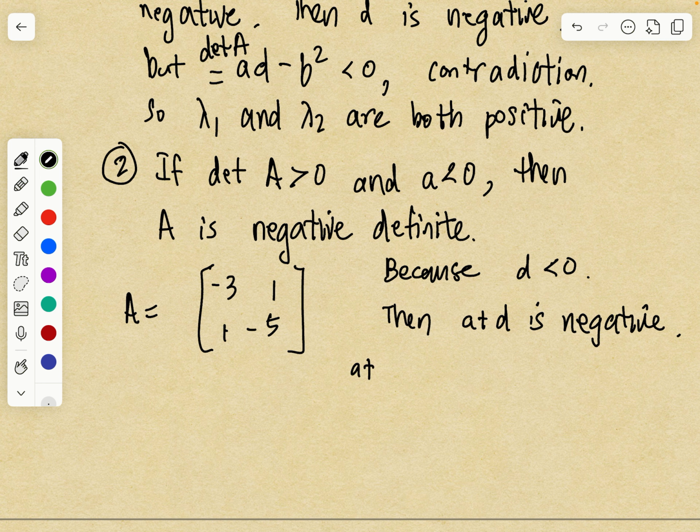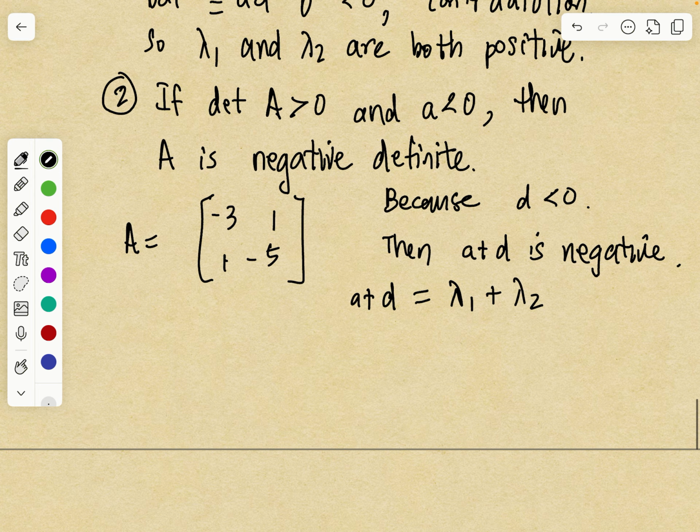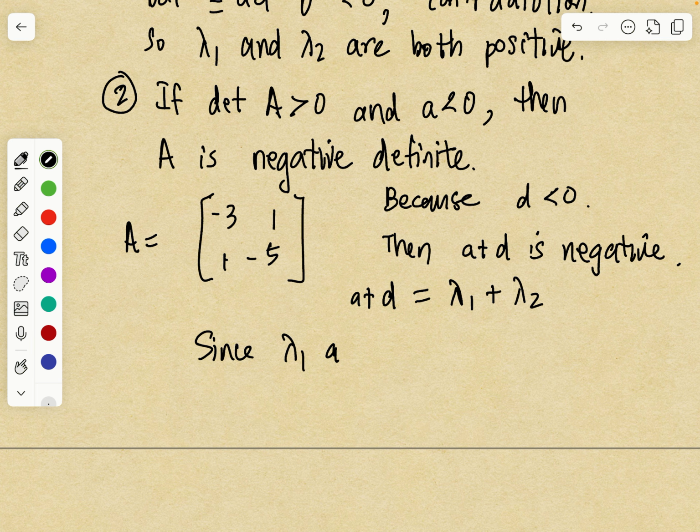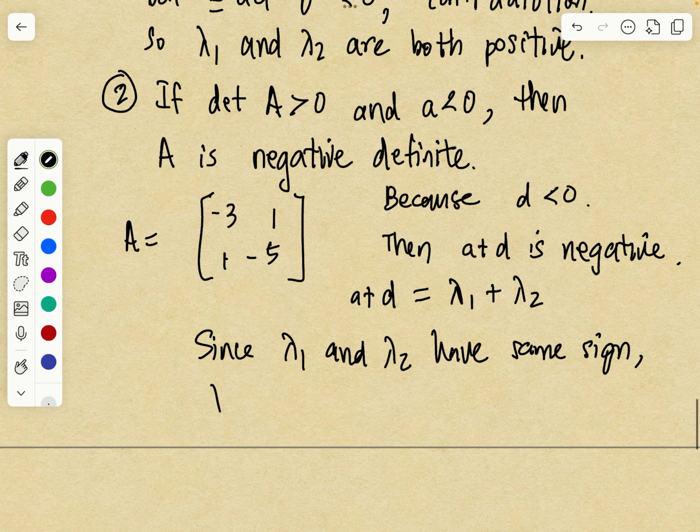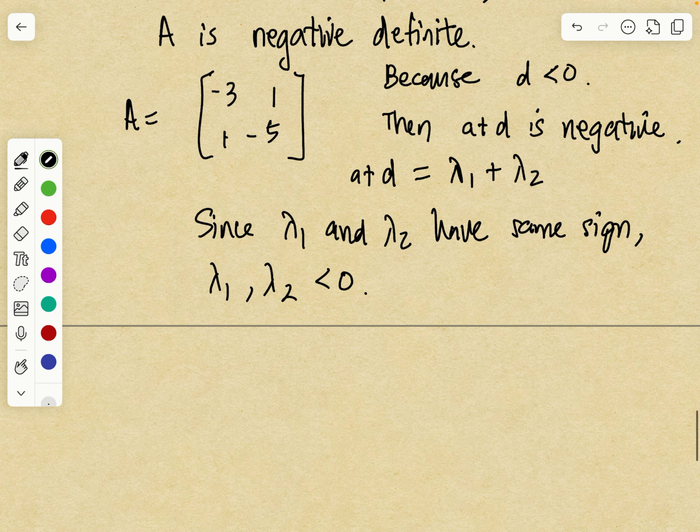But A plus D is the sum of the eigenvalues, and these have to have the same sign if the determinant is positive. And so since lambda 1 and lambda 2 have the same sign, lambda 1 and lambda 2 are negative. So A is negative definite.